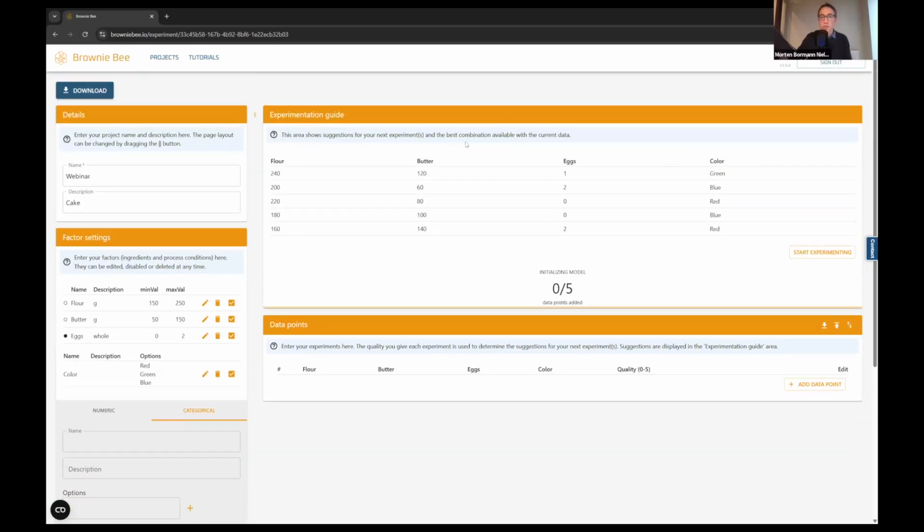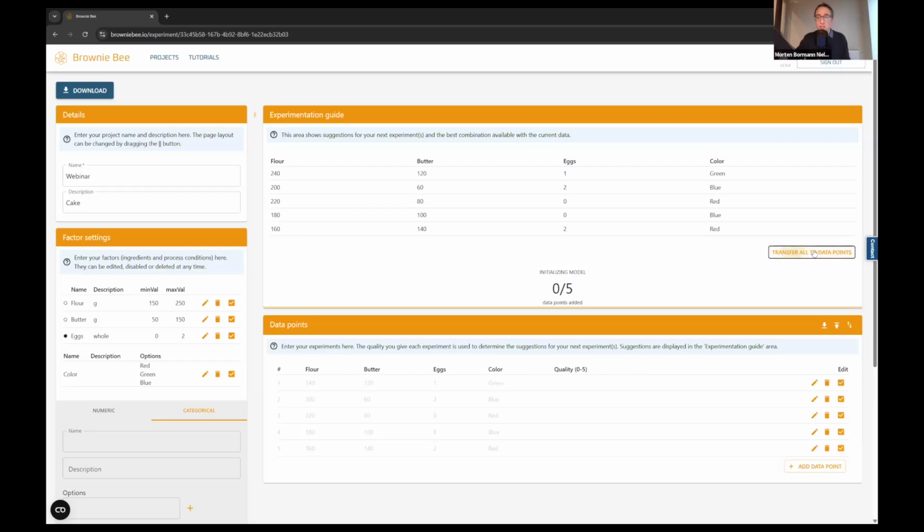You might have noticed as I did this that Brownie B has started suggesting a bunch of initial experiments up here. These are the few data points that the algorithm is going to need before there is any information to work with. The more factors you add here, at some point it'll begin adding more than 5 initial data points, but that will scale with the complexity of the system.